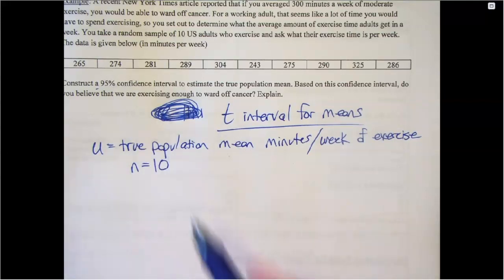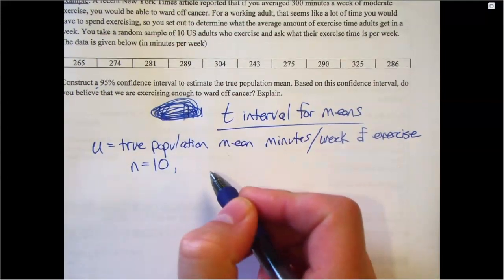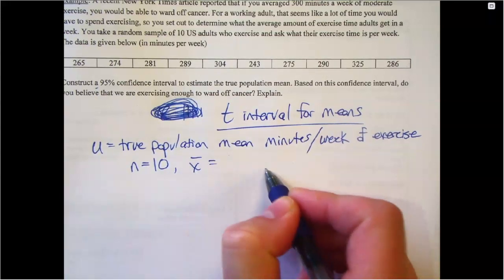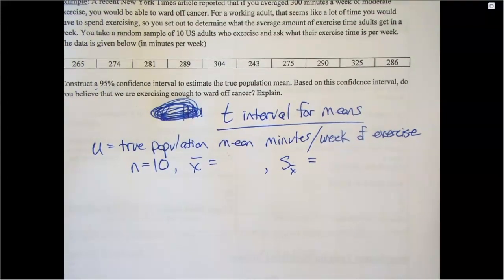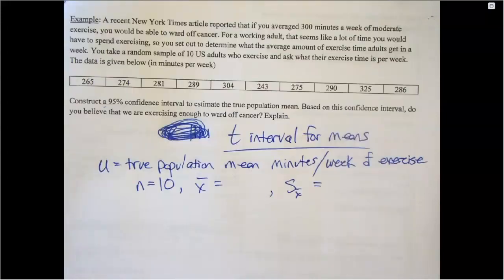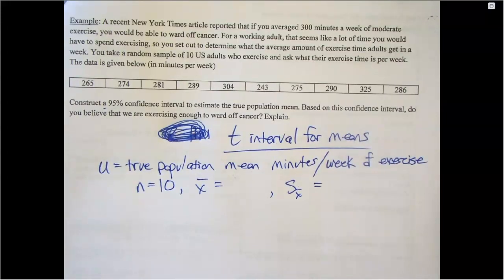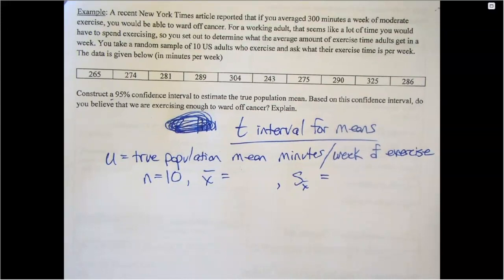Okay. N equals 10. X bar equals, and the standard deviation equals, I don't know. They didn't give me those. They could have, but they're just being annoying. So I need to find those. But I'm not doing it by hand. I'm going to make my calculator do it. So we did this a long time ago with one variable stats.